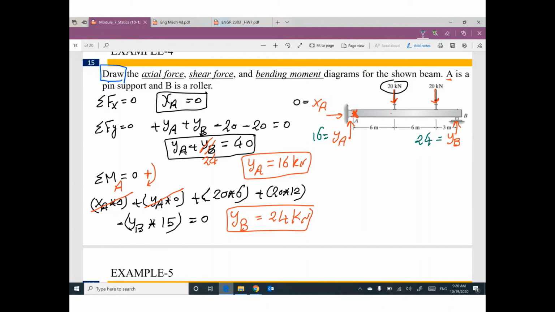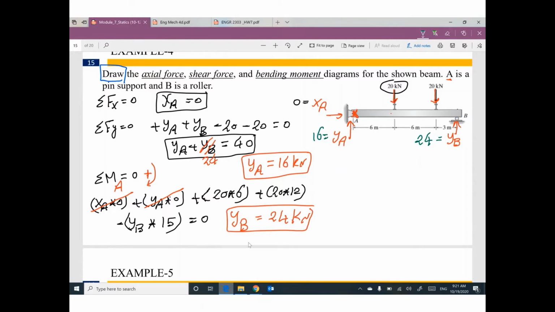Reactions means A, B, C, D. If you are trying to learn how to read, you have to learn letters. If you would like to learn engineering mechanics, you have to learn how to calculate reactions. So please pay attention to reactions.